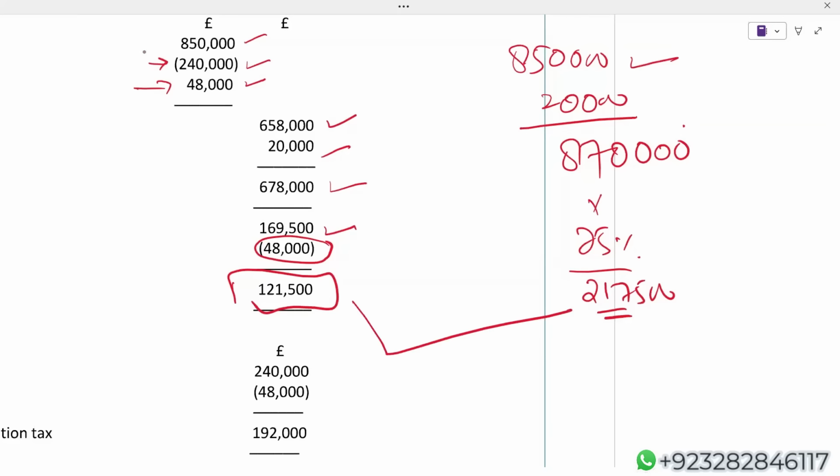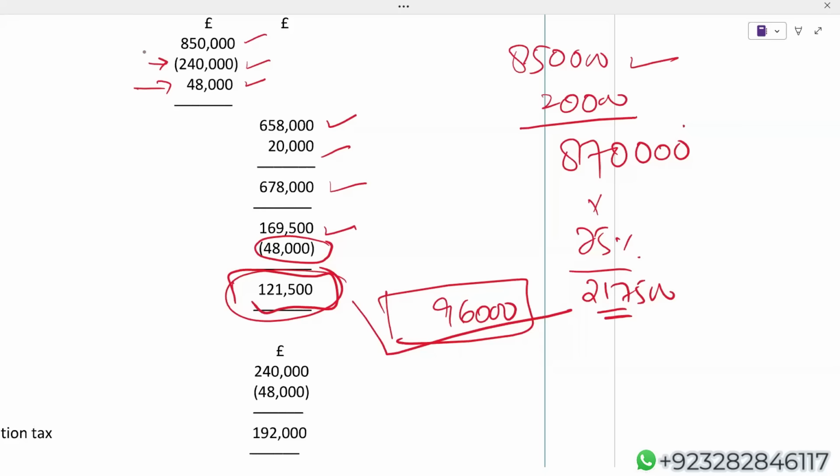But now, due to R&D and the rule of HMRC, the corporation tax liability is coming to 121,500. Let's see how much corporation tax we are saving due to R&D. We are actually saving 96,000. How did I calculate 96? Just ignore R&D and calculate corporation tax liability, then compare that with the liability which you calculated by considering R&D.